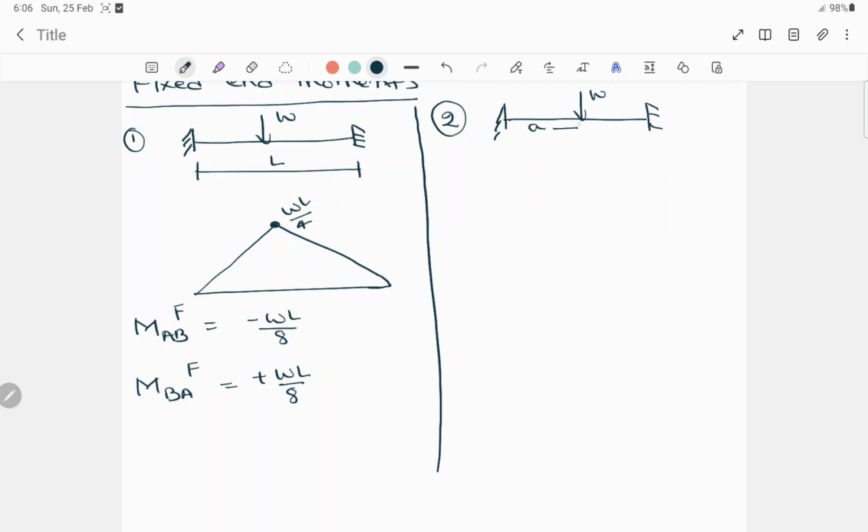So this distance will be considered as A and this as B, and the bending moment diagram will be like this, right? It's not equally distributed.